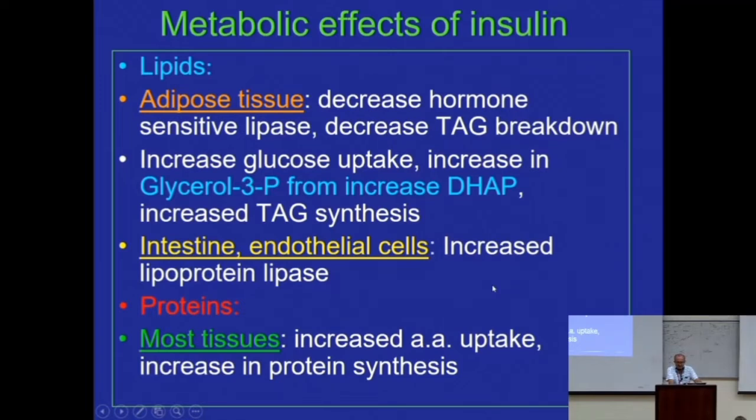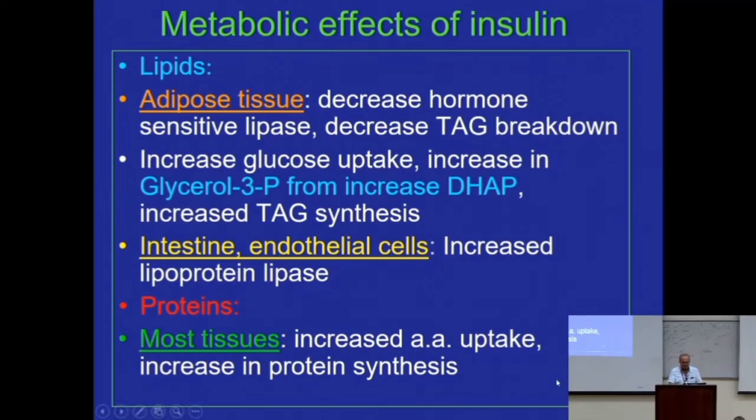In most tissues, as I mentioned, here we have increased synthesis of TAG and decreased lipolysis. The other class of molecules, proteins: you're going to increase protein synthesis in most tissues because there are plenty of amino acids in the bloodstream after a meal, and all the tissues will try to pick them up to replace what was turned over in a prior cycle.